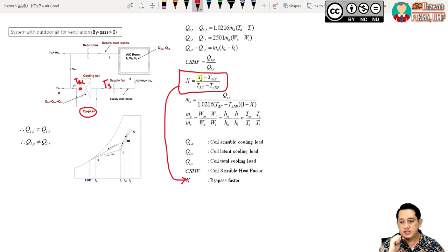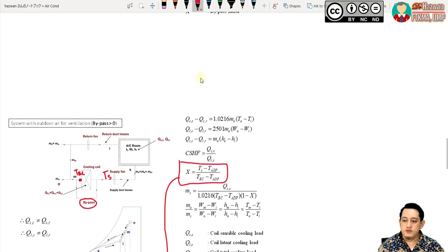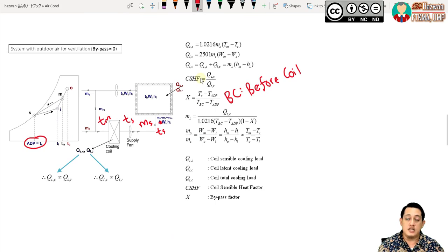One of your friends asked me, for the previous lecture, does TBC equal TM in this condition? Yes, correct. TBC here is actually TM, because TM here is the temperature before entering the cooling coil.